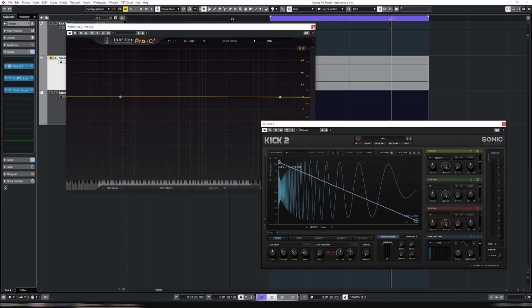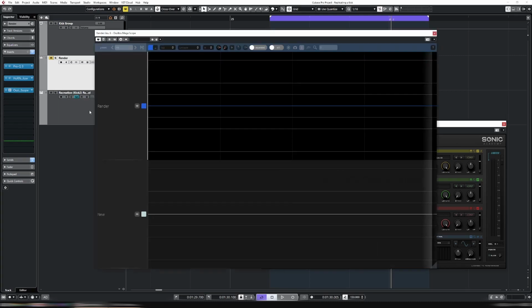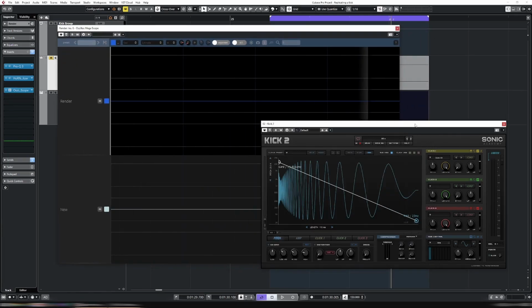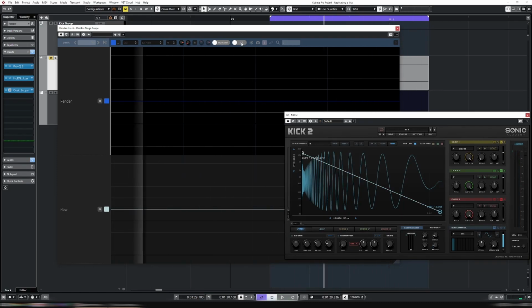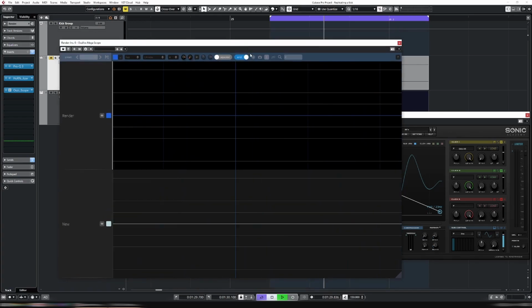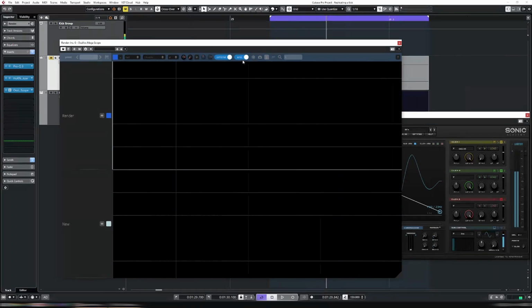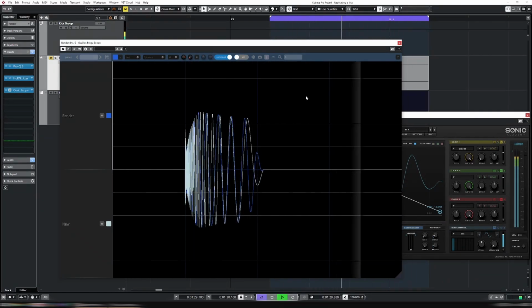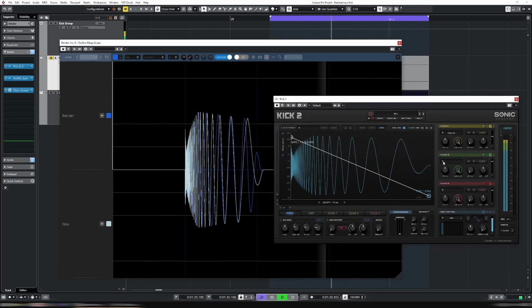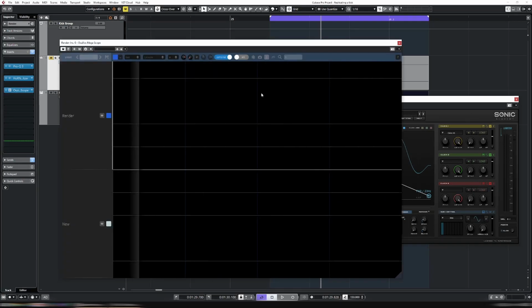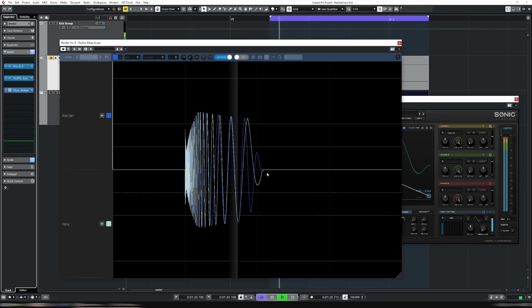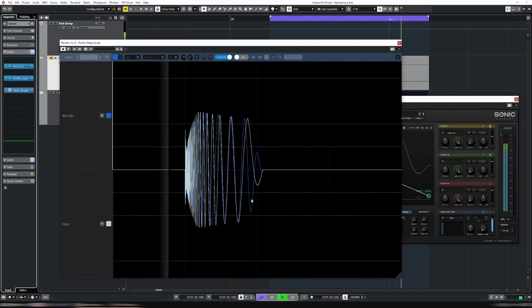Now to do that, again, we bring up the oscilloscope. Let's play them back. Put them on the same spectrum. Now we need to bring up the oscilloscope again. And what we're trying to achieve in this part is ensuring that these waveforms line up perfectly.